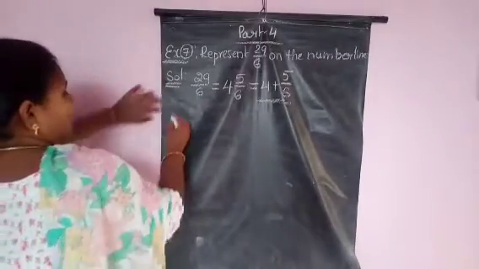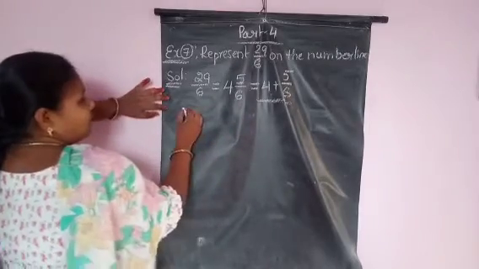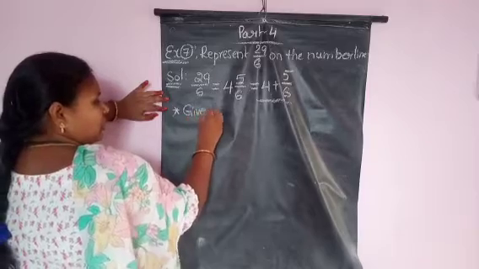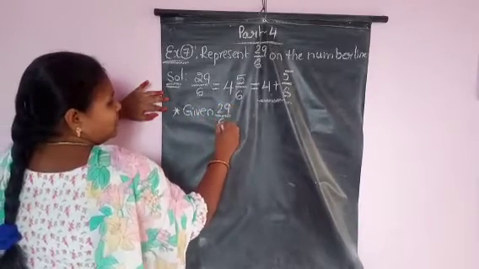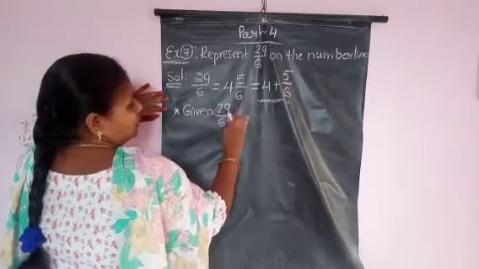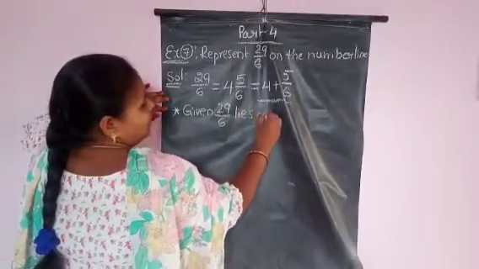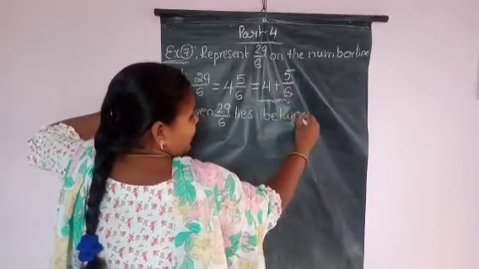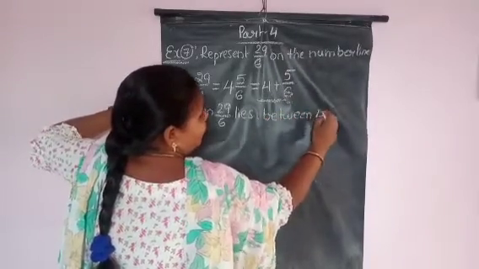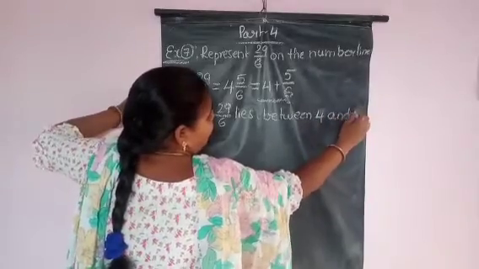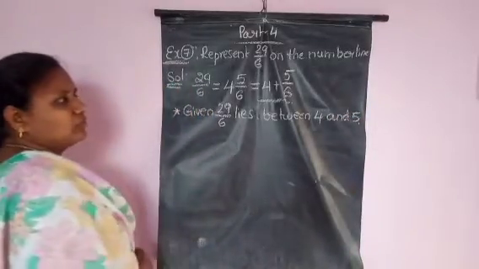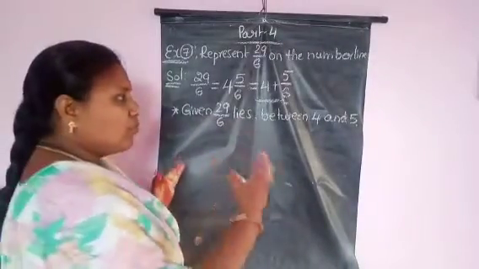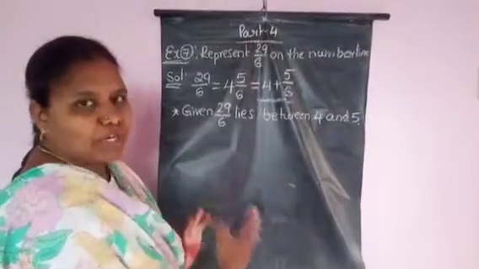So write: the given 29/6 lies between 4 and 5.